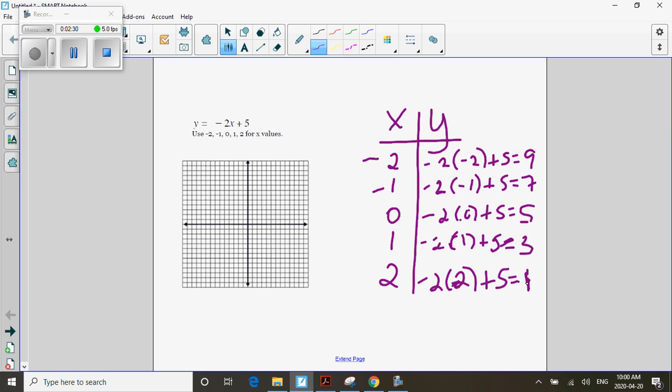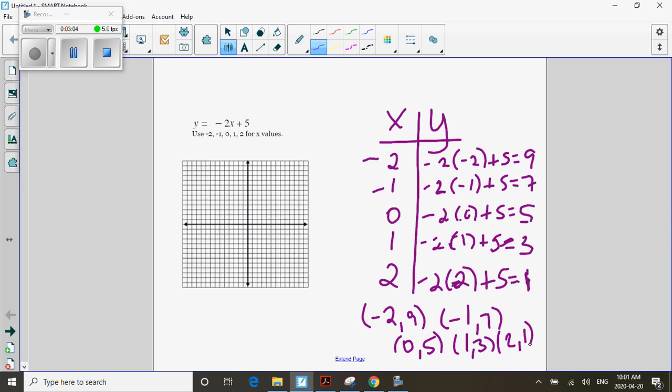And now I have these coordinate points that I can plot. My first one's going to be at negative 2 comma 9, and then negative 1 comma 7, and then 0 comma 5, 1 comma 3, and 2 comma 1. And if I just go to my grid over here and plot these, negative 2 and 9 for one.